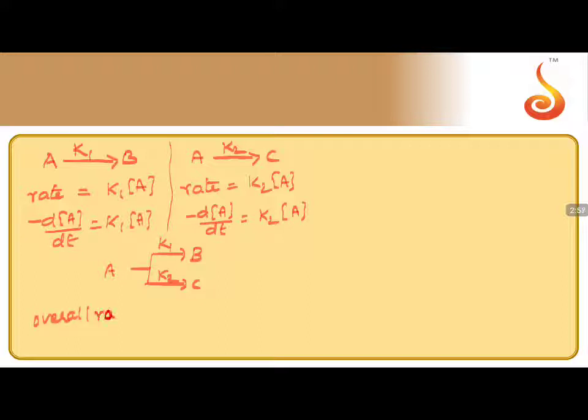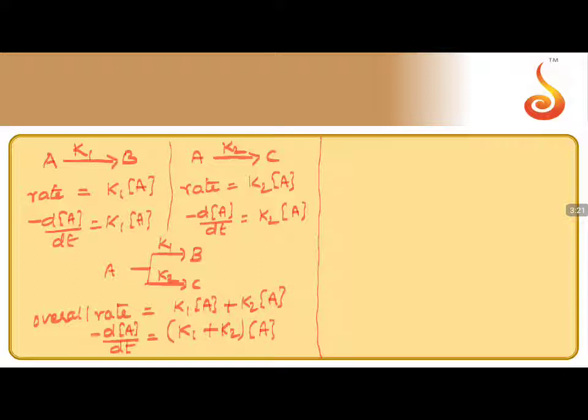Overall rate is given as K1 into concentration of A plus K2 into concentration of A, which is given as minus dA by dt equals K1 plus K2, which can be taken common, into concentration of A. This can be simplified in this way: minus dA by dt equals some K effective into concentration of A.